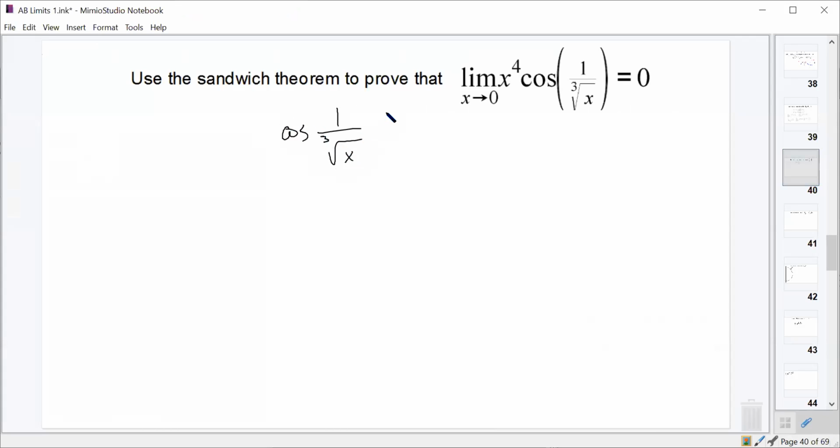It's always less than or equal to 1 and greater than or equal to -1. Right, exactly. Which tells us that negative x to the 4th is always less than or equal to x to the 4th cosine 1 over the cube root of x, which is always less than or equal to x to the 4th. Good or no?